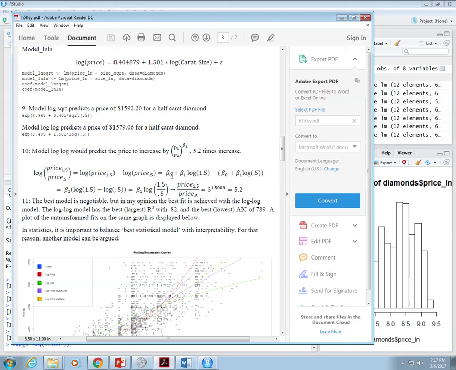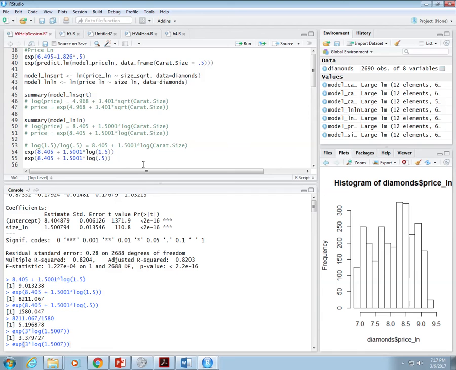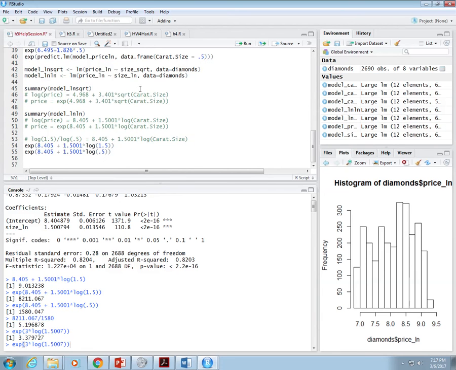And so you can just do the beta naught plus beta 1 log 1.5 minus beta naught plus beta 1 log 0.5. And so you just end up doing beta 1 times the log of the multiplication. So that would be beta 1, which is 1.5001 times the log of 1.5 divided by 0.5.